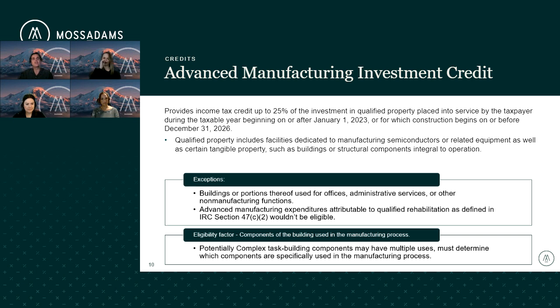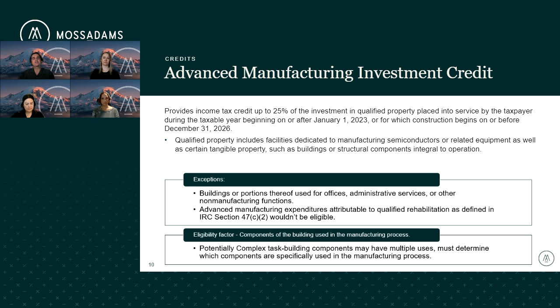This is from the CHIPS Act, which got a lot of press over the last few years. It recently passed. There was news within the last 2 weeks on Intel working with the White House. They did a joint press release on getting incentives in this area. Effectively, it's a tax credit of up to 25% when a company invests in qualified property placed in service after January of 2023.